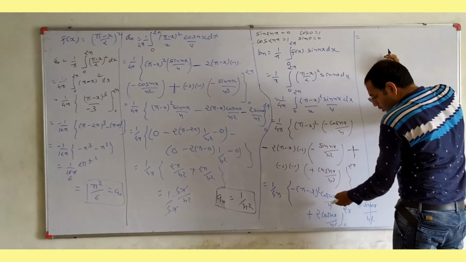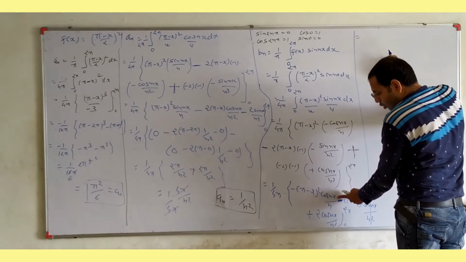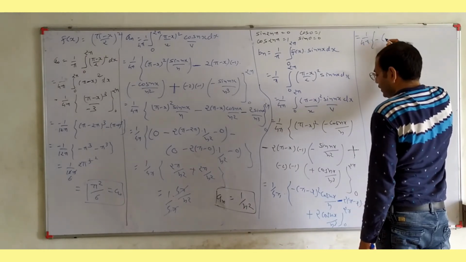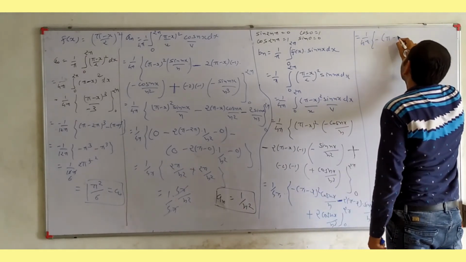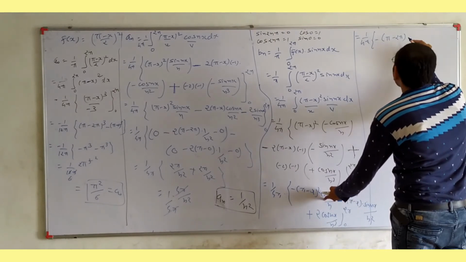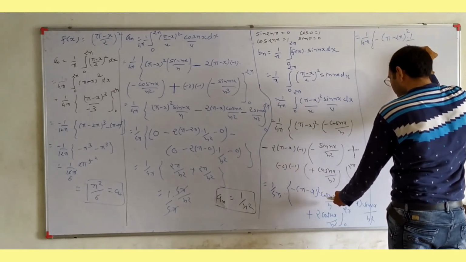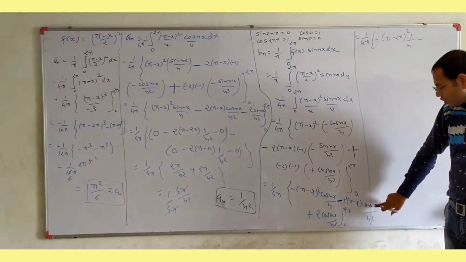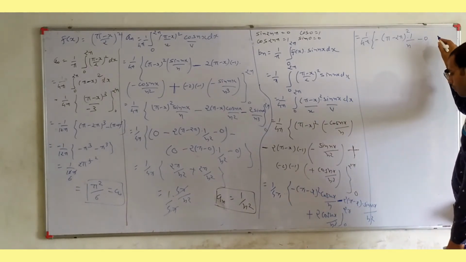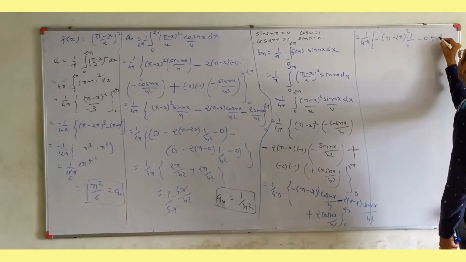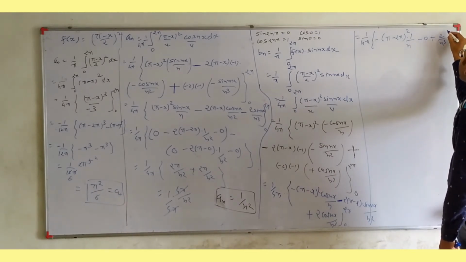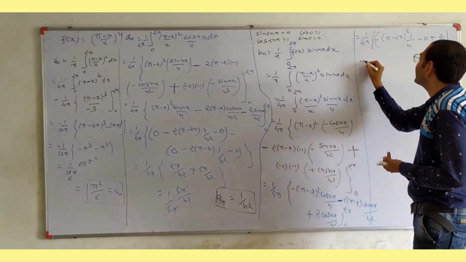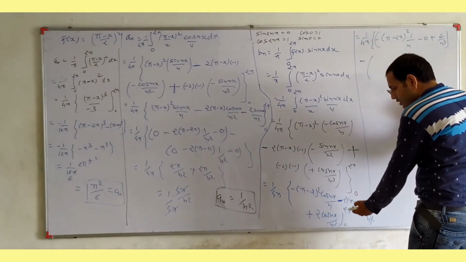Substitute x as 2 pi. Then cos 2n pi is 1. Then 1 upon 4 pi, here minus sign, pi minus 2 pi, cos 2n pi is 1, then 1 upon n, minus sin 2n pi is 0, 0 into anything is 0, plus cos 2n pi is 1, then 2 pi n cube, that is our upper limit portion, minus lower limit 0.